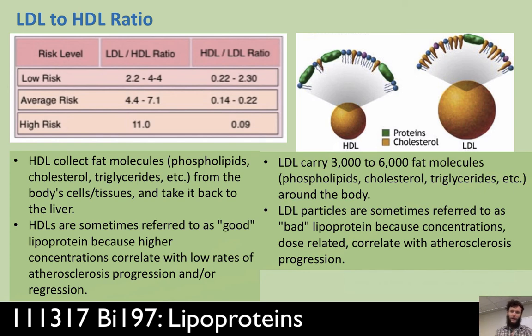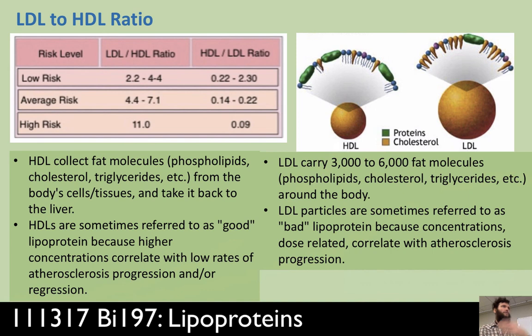Let's look a little bit at the specific composition of HDL versus LDL. If we look at what's on the surface, we see significantly more proteins in HDL. That shouldn't be surprising. It's high density. Its job is to deliver proteins to some of the other lipoproteins, and it has less cholesterol in it.